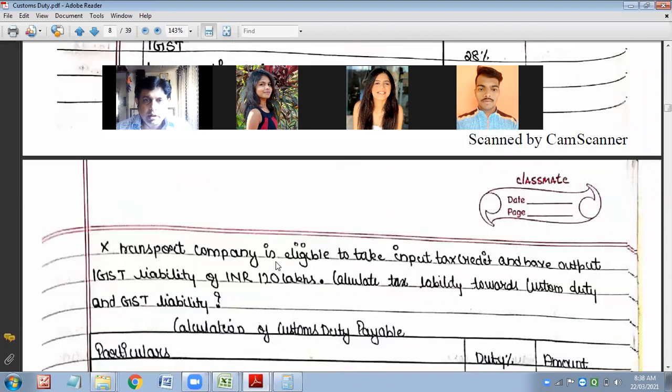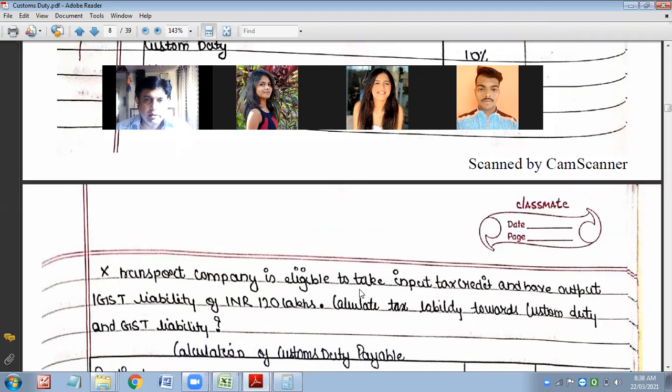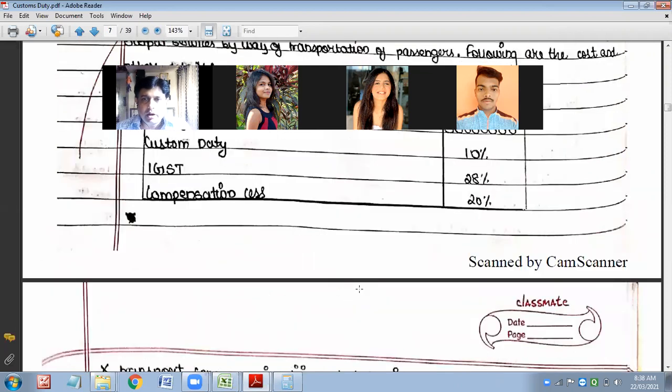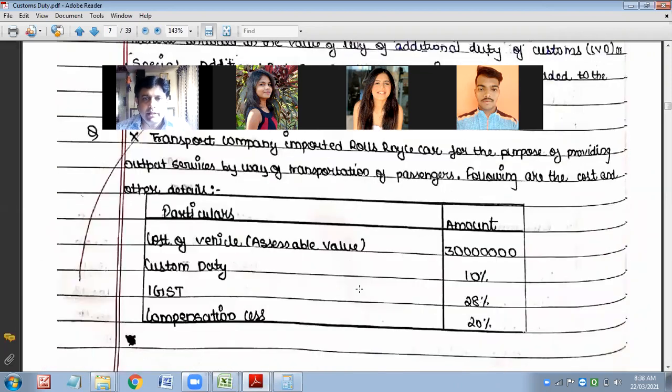X transport company takes input tax credit and has output GST liability of 120 lakhs. Calculate the total tax liability and GST liability to be payable. So first you compute the total liability and then you avail the benefit of IGST.